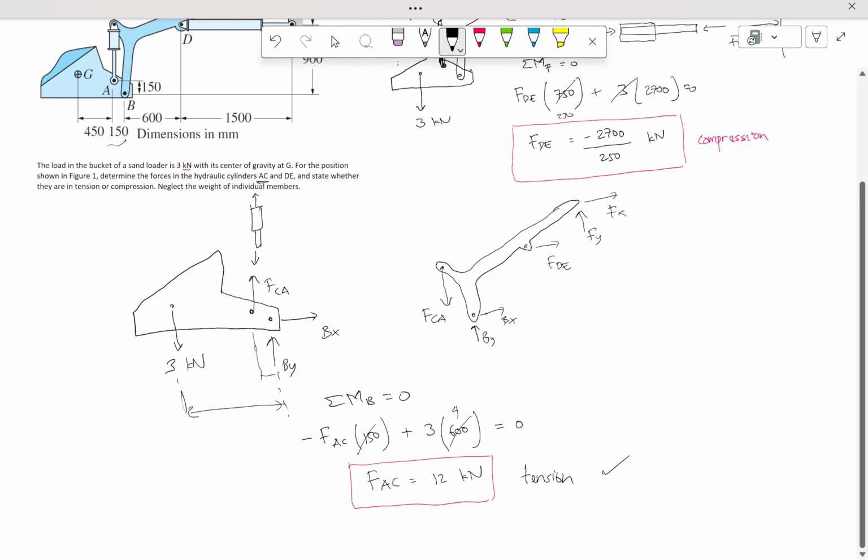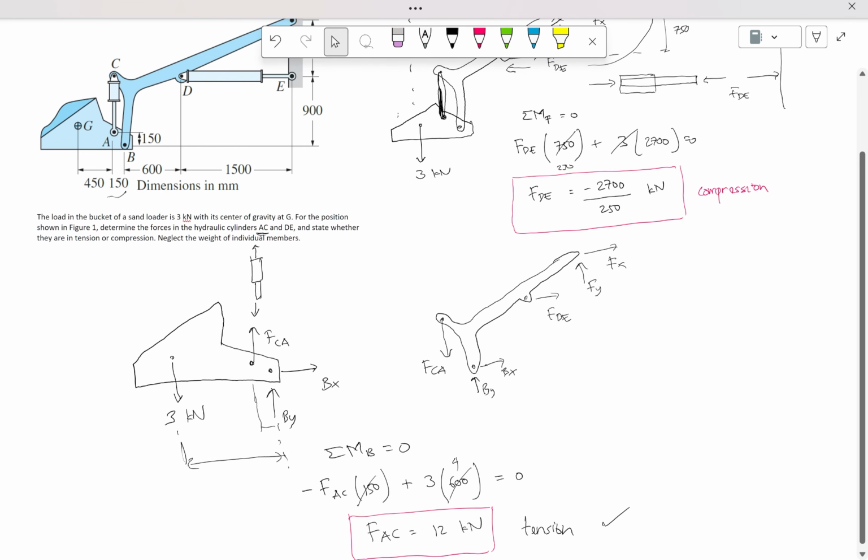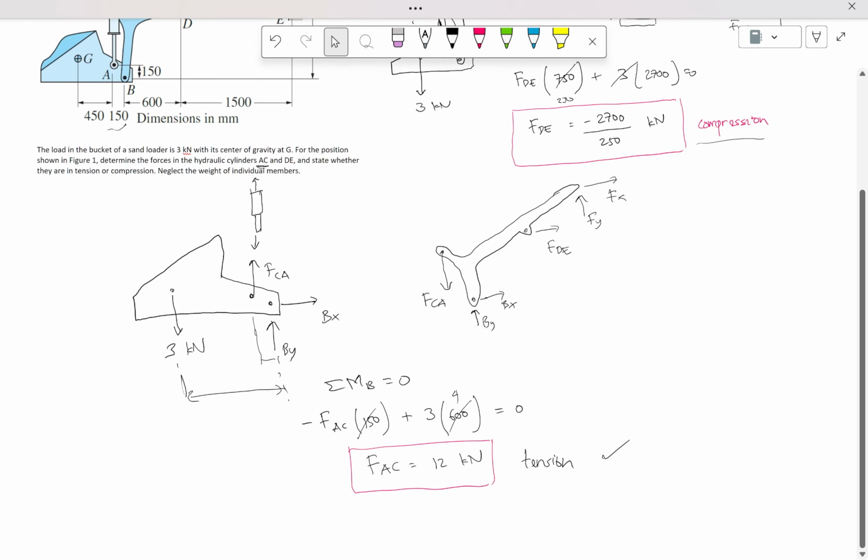Of course, this is the hydraulic system, not the oil. The oil inside the hydraulic will always work in compression, because that's how hydraulics work, by compressing the fluid inside. But as a structure, the cylinder will experience tension for hydraulic system AC, and for hydraulic system DE, it's in compression.